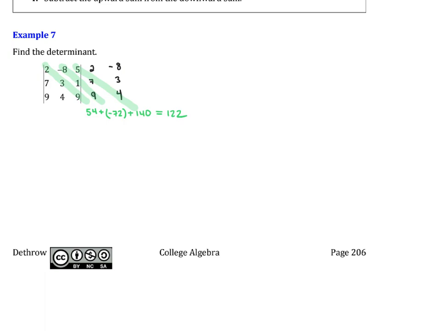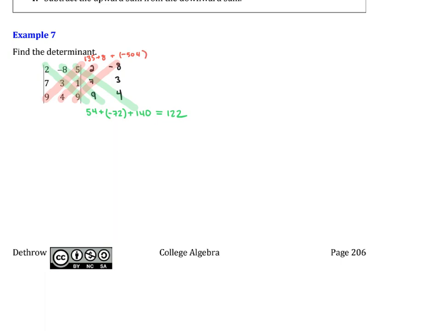Now, let's go up. We have 9 times 3 times 5, 4 times 1 times 2, and 9 times 7 times -8. So 9 times 3 times 5 is 135, plus 4 times 1 times 2 is 8, and then plus 9 times 7 times -8 is going to be -504.